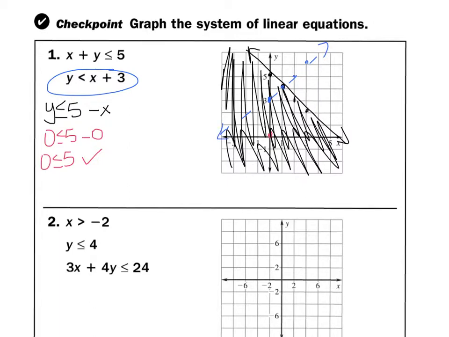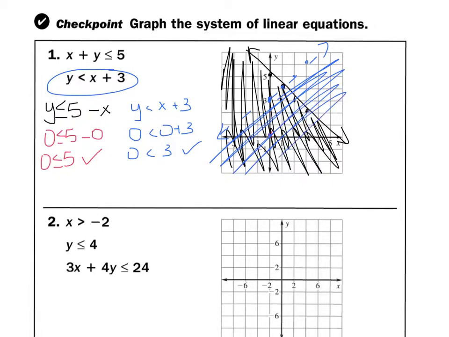To decide what part of the graph to shade, I'm going to substitute in, again, the 0, 0. Is 0 less than 0 plus 3, which is 0 less than 3, and that's also true, meaning I'm going to shade the side with 0, 0, which is this side. And then I'm going to go ahead and erase the parts that did not overlap, because that's not going to be part of our solution.